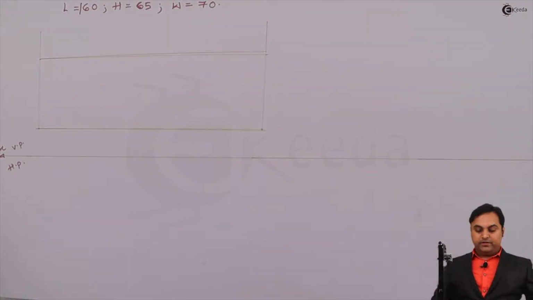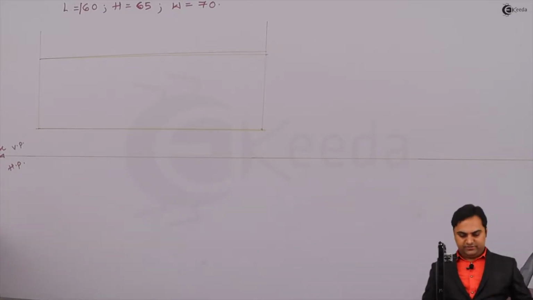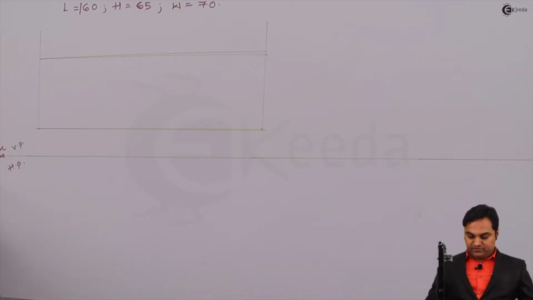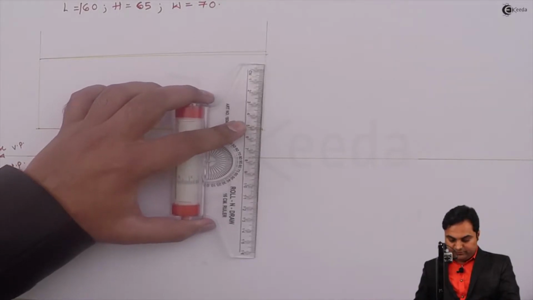Then in the top view, the height of the object is not visible, so length and width would be visible. So projecting the length from the front view.